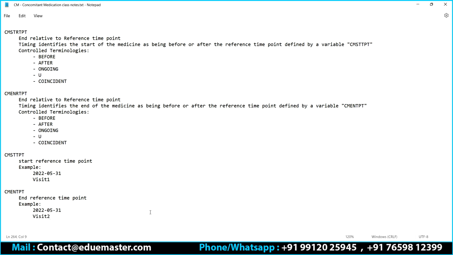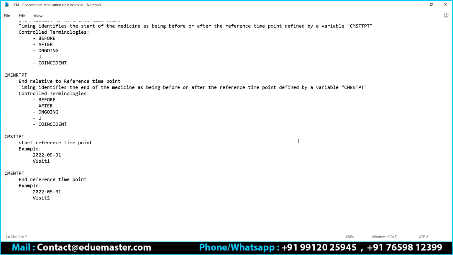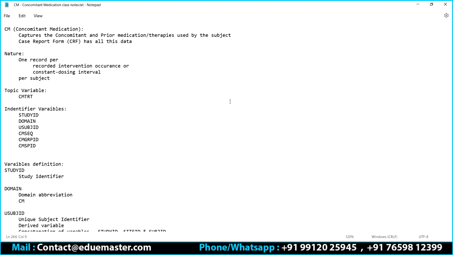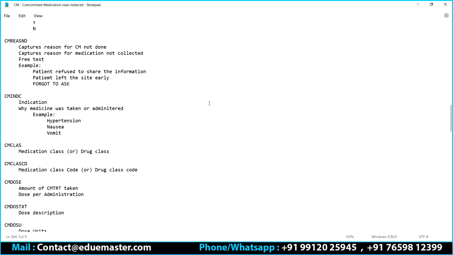On this. Clear, guys? These are the various variables that are part of your CM, right? So pretty much easy and straightforward. You really no need to worry about it, right? All you need to understand is what is the data that is here.